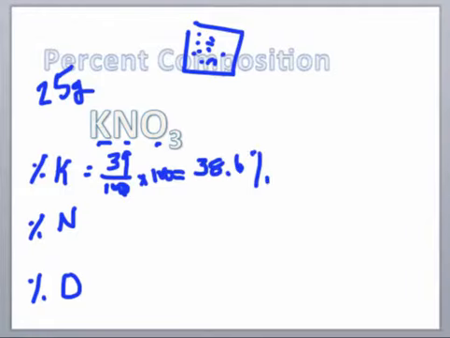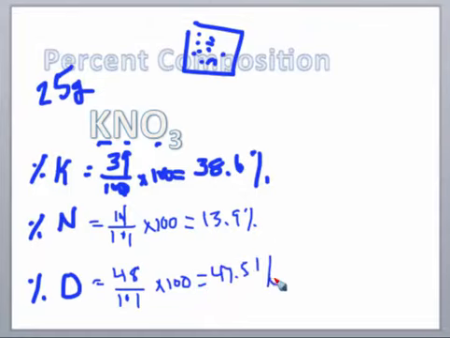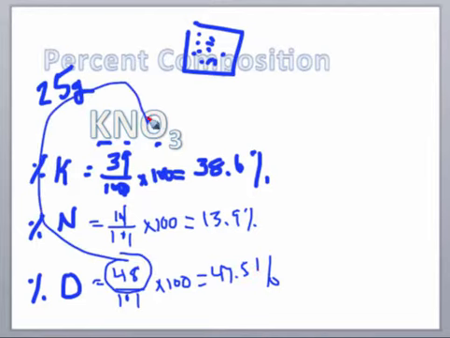For the nitrogen, we found that it was 14 over 101 times 100, and we got 13.9%. And then for the oxygen, we had 48 over 101 times 100, and that gave us 47.5%. Just remember that the oxygen number comes from the fact that we have 3 oxygens, not just one.